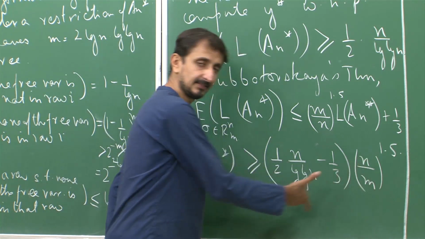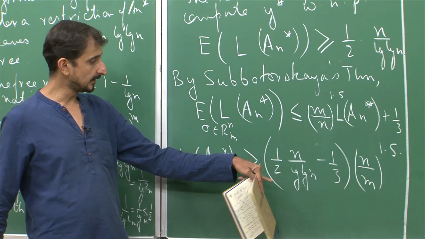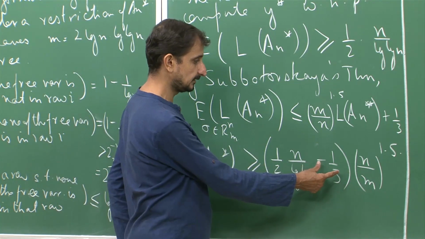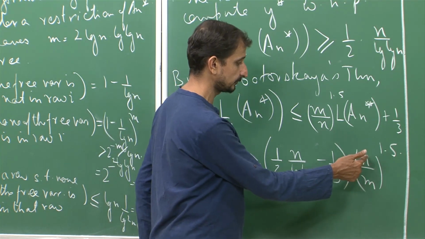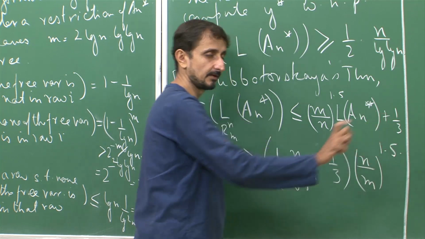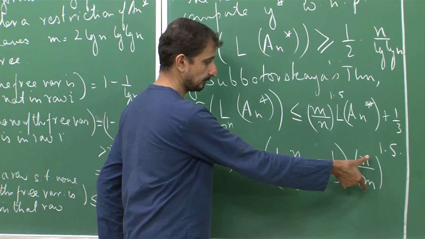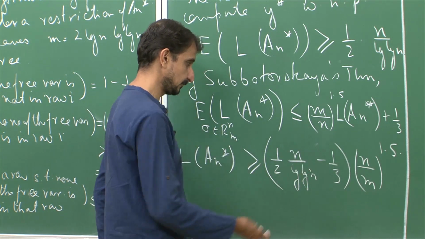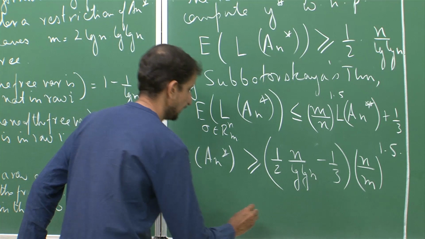Now, if you look at this term over here, what does the numerator contain? The 1/3 term is a small term, I can just leave it out. But what is m over here? We can substitute for m as well.